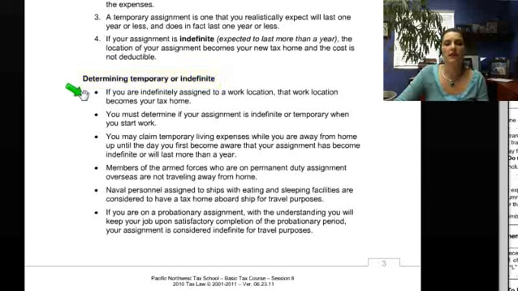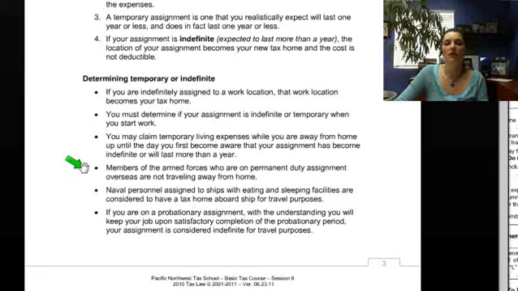If you are indefinitely assigned to a work location, that work location becomes your tax home. You must determine if your assignment is indefinite or temporary when you start work. You may claim temporary living expenses while you are away from home up until the day you first became aware that your assignment has become indefinite or will last more than a year.